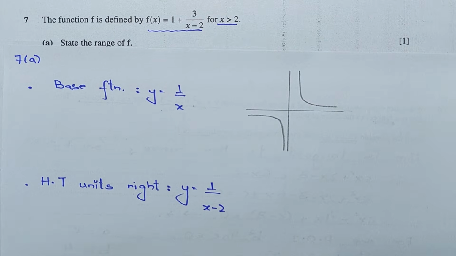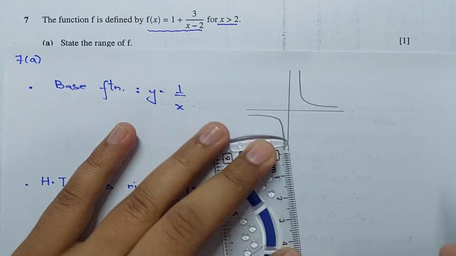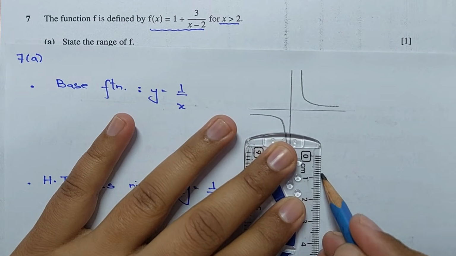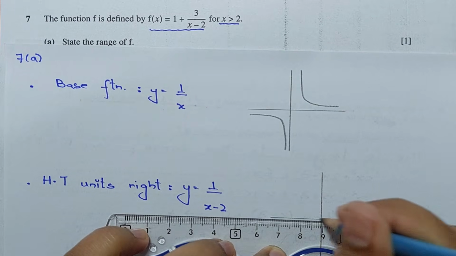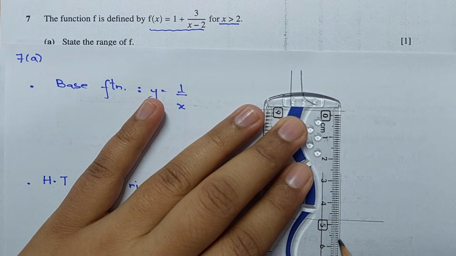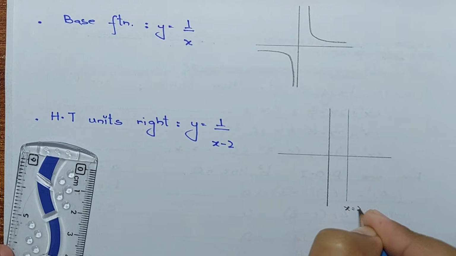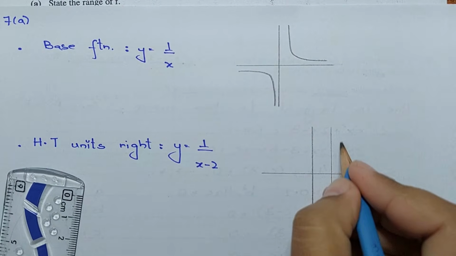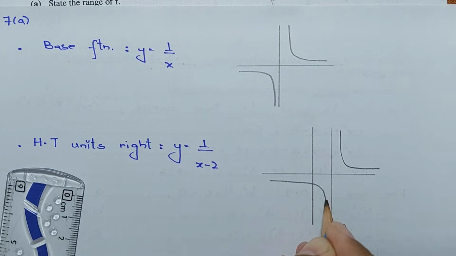Okay, so let me draw this. We have to move everything 2 units to the right. Let's say this line is x equals 2. So this graph shifts 2 units to the right, and this also shifts 2 units to the right.